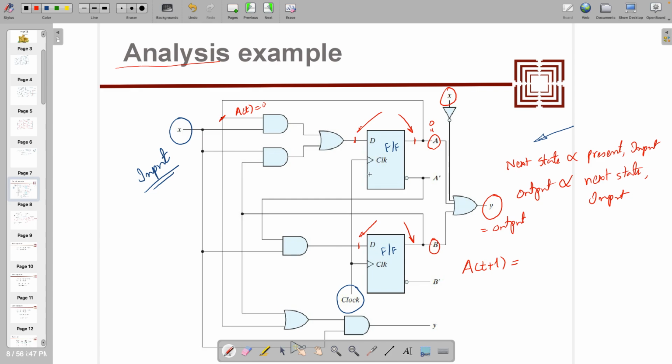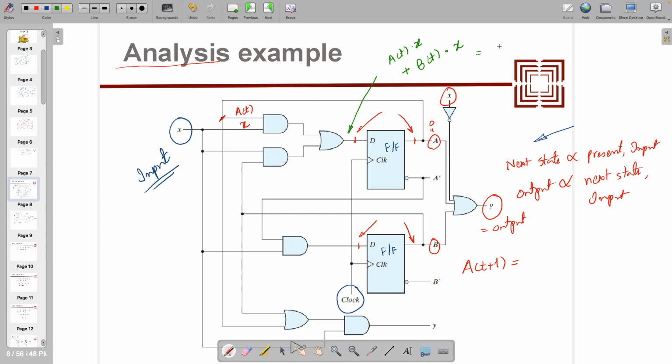Okay. So if that is the case, can we write down the equation for this one? A(t+1) is equal to what? Here we can write down that A(t) times x plus B(t) times x. Is it okay? Right?